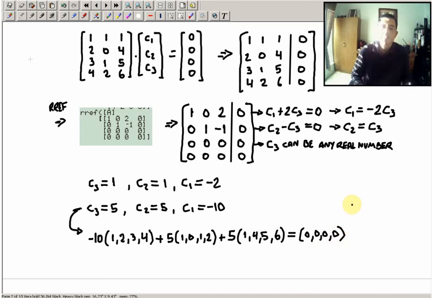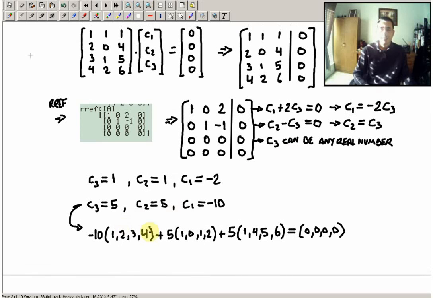That's a linear combination of the vectors equal to 0, and it's non-trivial. What was the question here? Show that a set is linearly dependent by finding a non-trivial linear combination. Here's the non-trivial linear combination. Then express one of the vectors in the set as a linear combination of the other vectors in the set. Well, that's easy. You can pick any of these vectors and solve for it. If I pick 1, 2, 3, 4, then I move these two over to the other side and divide by negative 10.